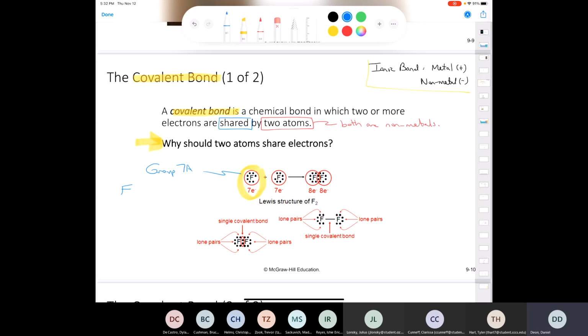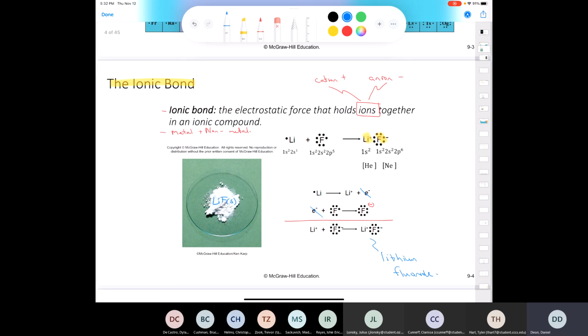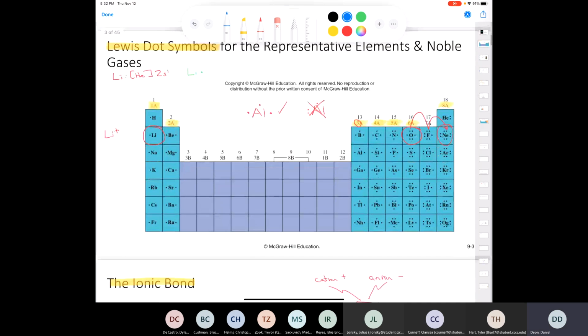So this would be its Lewis dot structure, 1, 2, 3, 4, 5, 6, 7. It's got 1 unpaired electron. It's not isoelectronic with a noble gas, is it? How many electrons does fluorine have to gain to become isoelectronic with a noble gas? Here's fluorine. It has to gain 1 electron to become isoelectronic with neon.